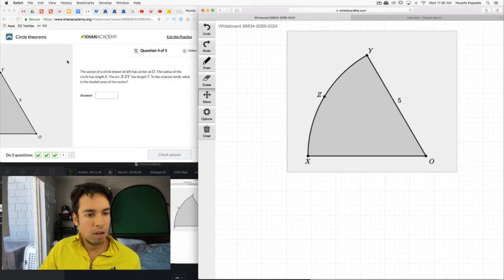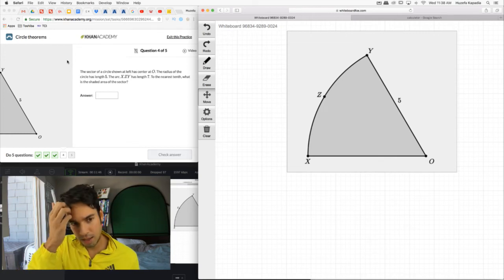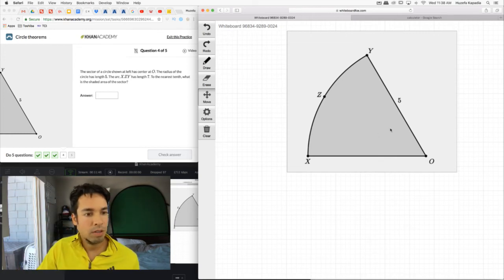The sector of a circle shown at left has center O. The radius of the circle has length 5. The arc XZY has a length of 7. So this whole thing here has a length of 7. To the nearest tenth, what is the shaded area of the sector?